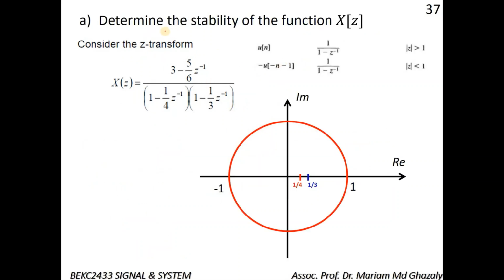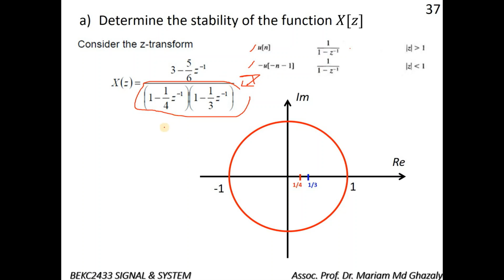So let's see the first one, determine the stability of the function. For this case, you can directly look at the denominator underneath here. You have 1 minus 1/4 z^-1 and 1 minus 1/3 z^-1. If you refer to the matching table, you can see that the equation might be either this one or this one.